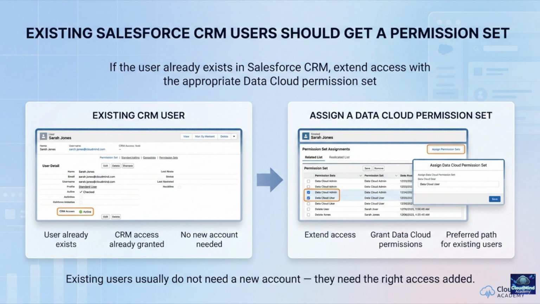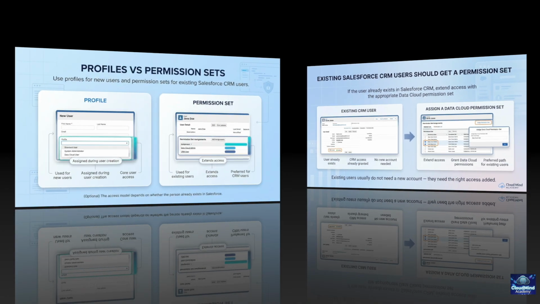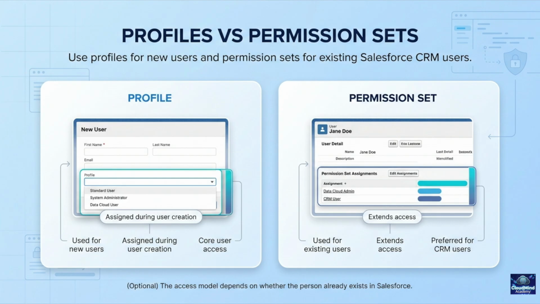So the educational takeaway is this: use profiles when creating a new user. Use permission sets when granting Data 360 access to an existing Salesforce user. That framework helps simplify what can otherwise feel like a confusing exam topic.